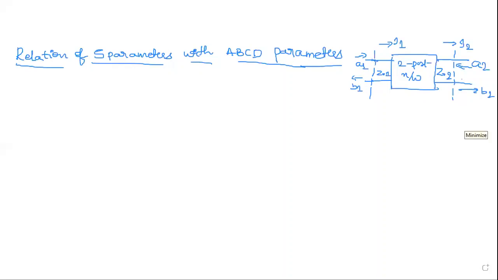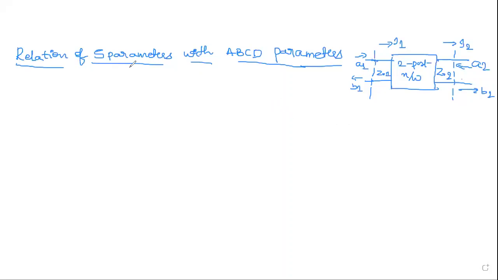You need to understand the steps. The process is the same. You will be writing the ABCD equations, the general equations, then comparing it with your S parameter equation. But to bring it to that form, you have little substitutions. After doing the substitutions, you'll be able to get these ABCD parameters in terms of S parameters.